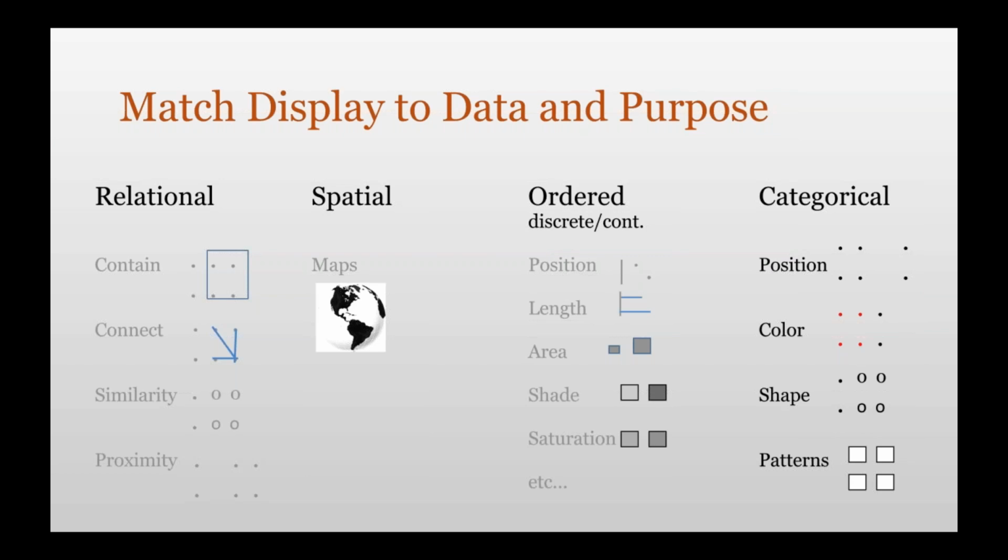If anyone's familiar with the Gapminder graph from Hans Rosling, he's mapping out on X and Y the life expectancy versus GDP, and he's coloring by continent. So continent is showing the categorical difference between each of the continents.